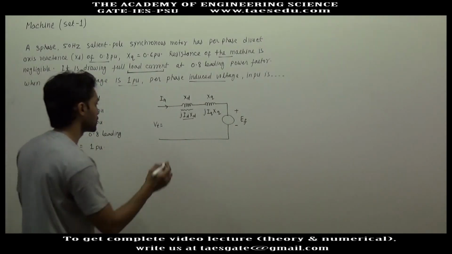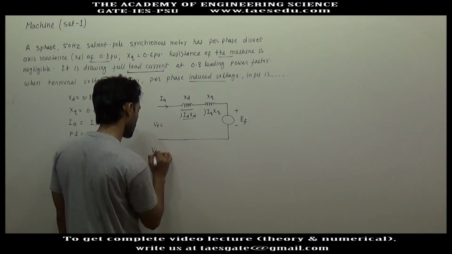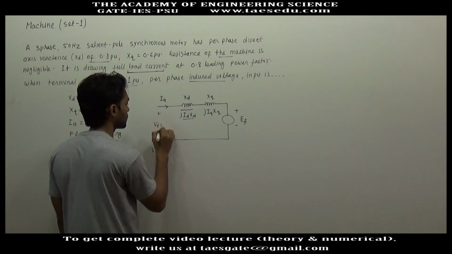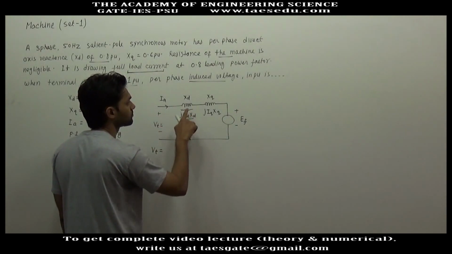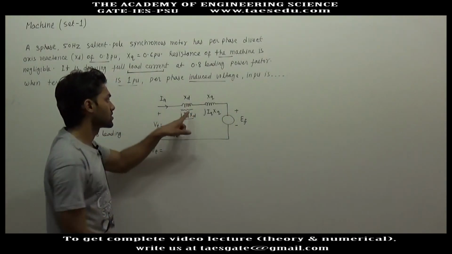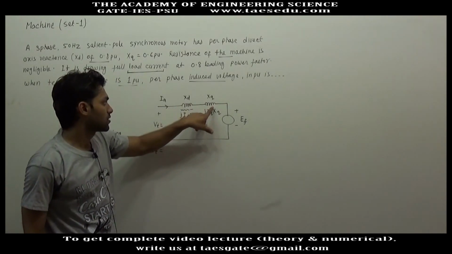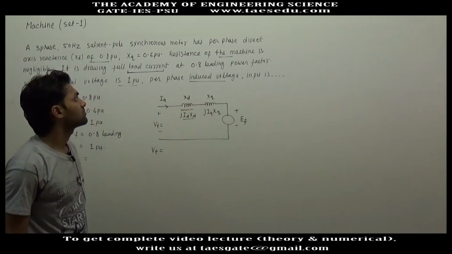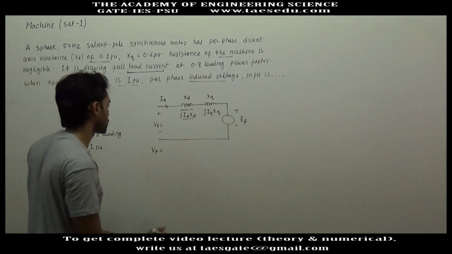So what will be the equation? Equation will be Vt is equal to EF plus the direct axis voltage drop and the voltage drop in quadrature axis reactance.